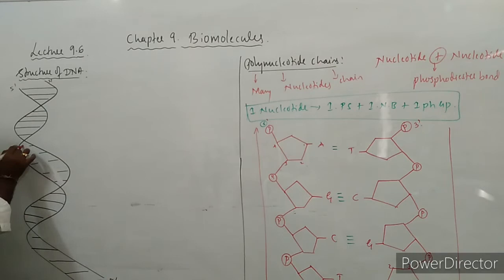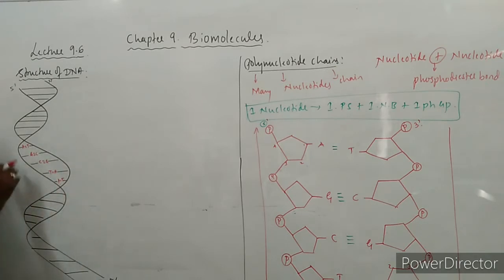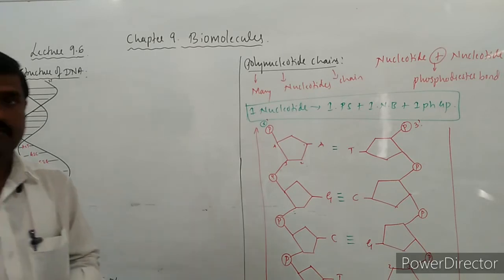If A is here, double bond, T is here. If G is here, triple bond, C is here. If C is here, triple bond, G is here. If T is here, double bond, A is here. If A is here, double bond, T is here. Okay. So this is how the structure is made up.